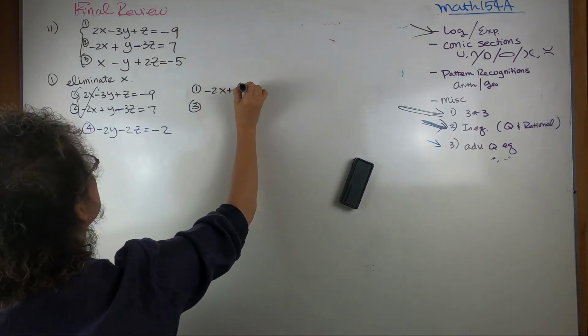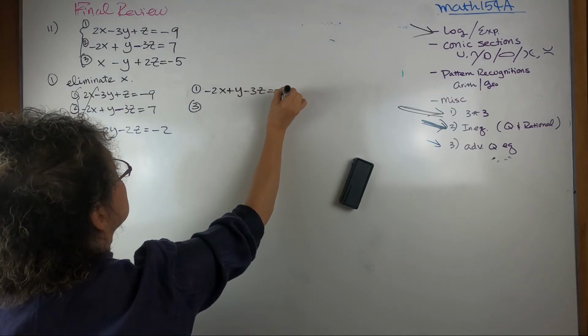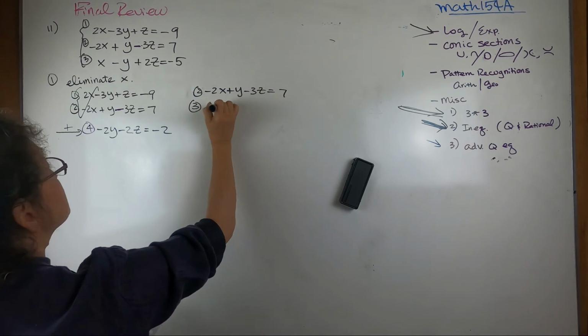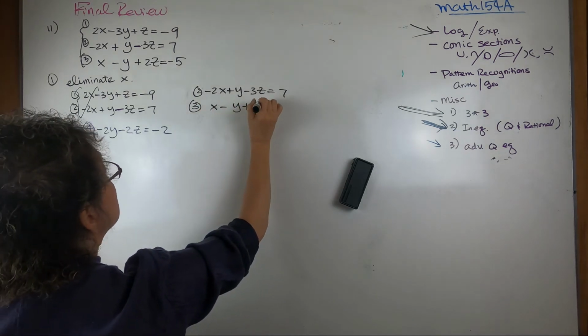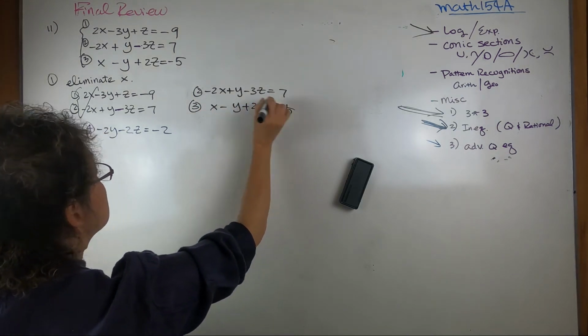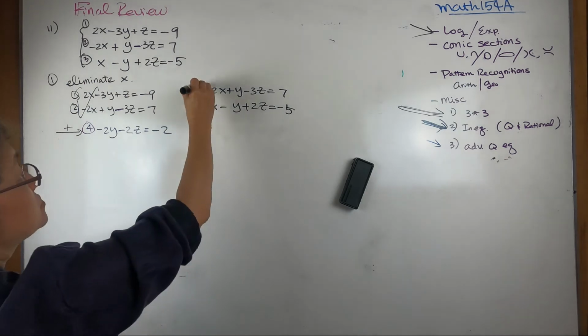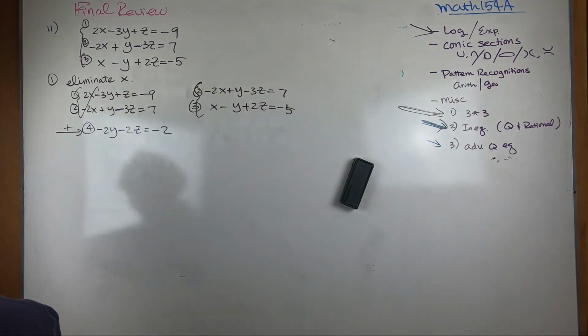And so I use this one. Okay, 2. Then this one is x minus y. The reason I choose 2 instead of 1 and 3, you can use 1 and 3, okay? But I choose 2 and 3 because 1 is a positive, 1 is a negative. That will make it easier.